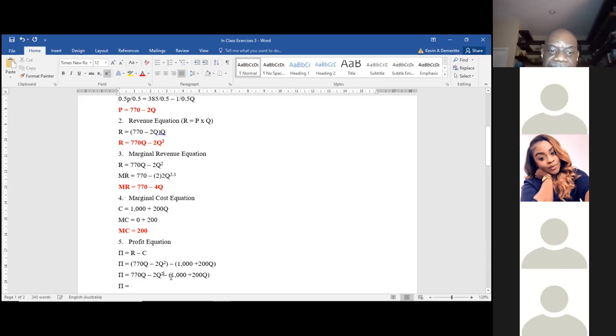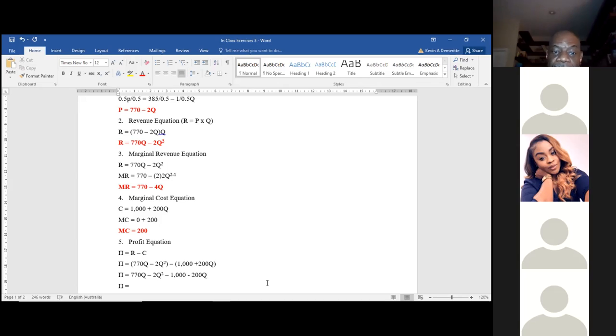So plus 1,000 becomes negative 1,000, and this plus 200Q becomes negative 200Q. So I don't need that bracket, and we end up with 770Q minus 2Q squared minus 1,000 minus 200Q.